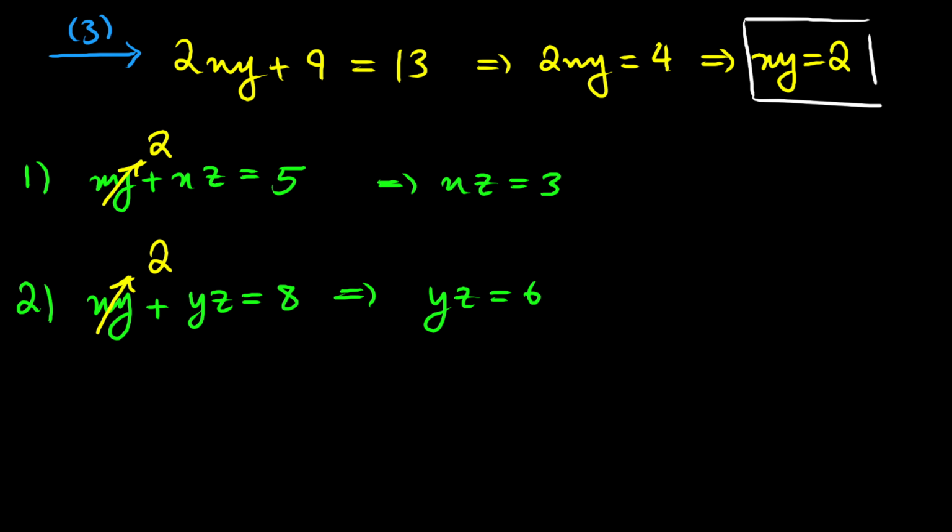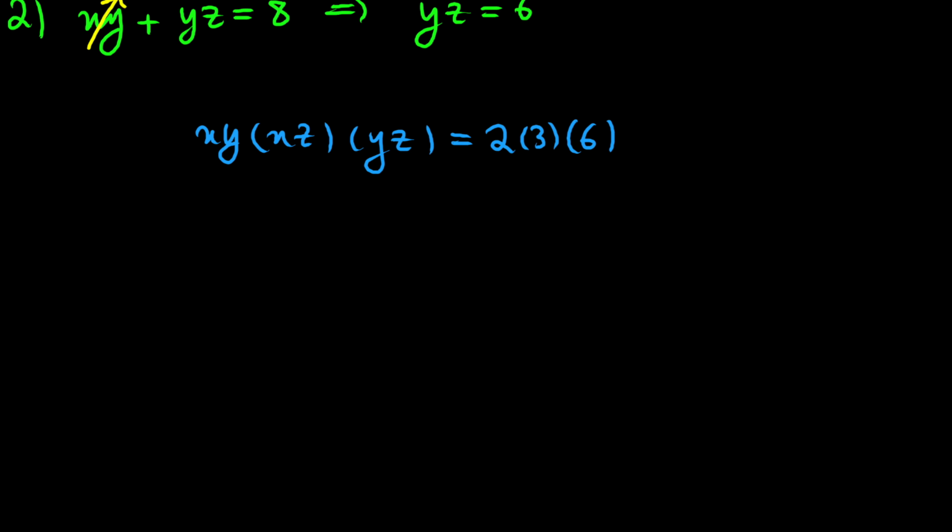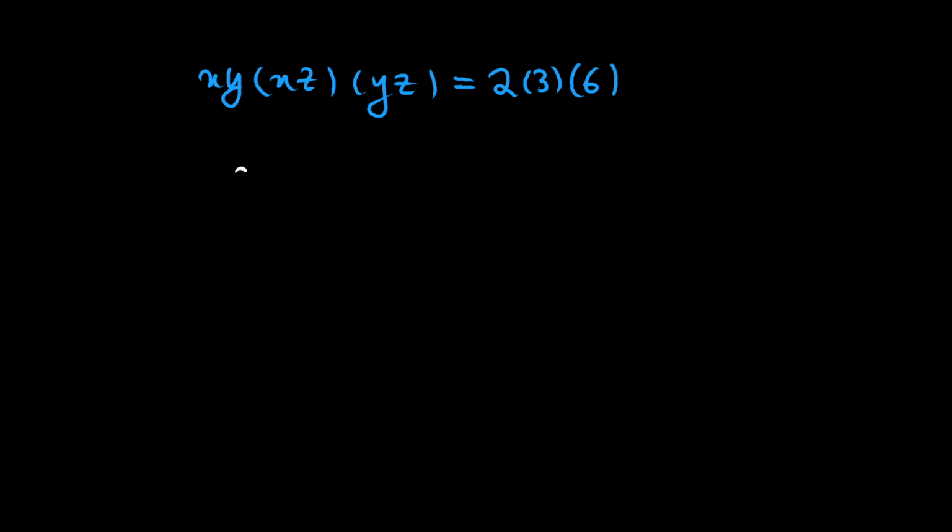So at this point, I'm going to go ahead and multiply all of these three together, meaning that I will have x times y times x times z times y times z equals 2 times 3 times 6. So the left-hand side will simplify to x squared times y squared times z squared, and the right-hand side is going to be 36.